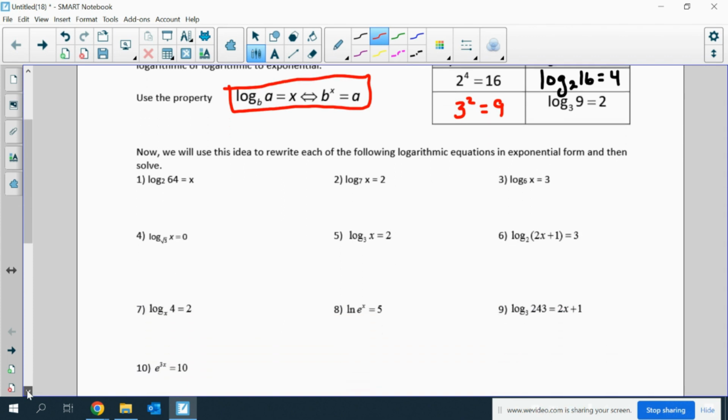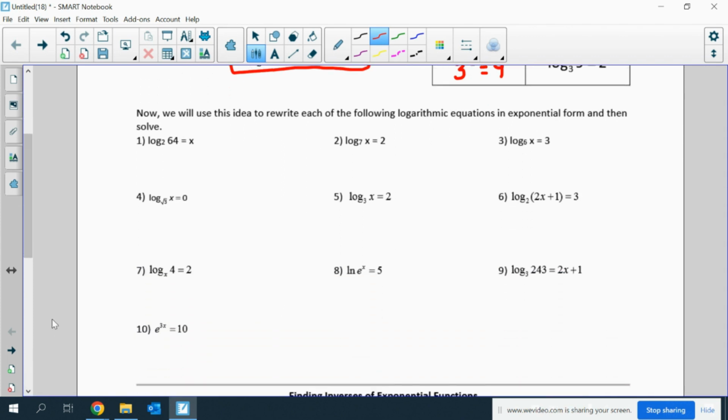Now let's do 9 or 10, I guess, really quick practice problems along those lines. So log base 2 of 64 equals x can be rewritten as 2 to the x equals 64. Log base 7 of x equals 2 means 7 squared equals x.